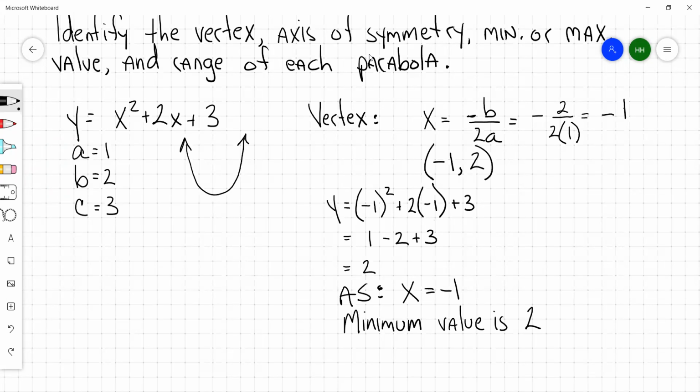And then range. Your range of values. When you're talking about the range of values, domain range, you're talking about the y values. Since this graph goes up and it has a minimum value of 2, then the range of values for this graph are going to be y is greater than or equal to 2.